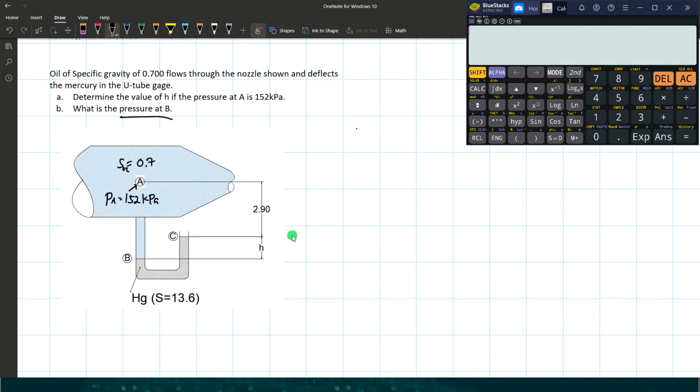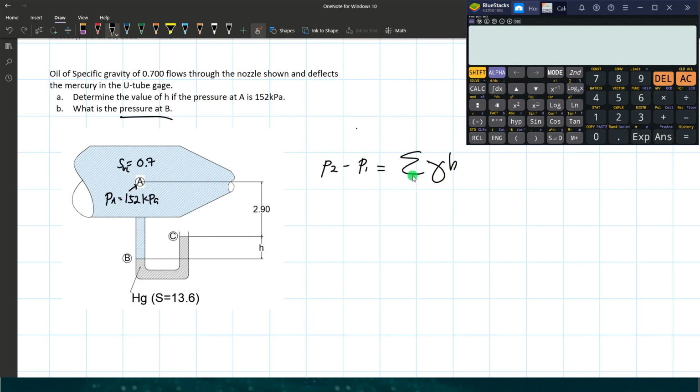So recalling the general equation for pressure measurement, we have 2 points, point 1 and point 2. We have P2 minus P1, which is the pressure difference, equal to the sum of all the product of unit weight of the fluid and its corresponding height or deflection.